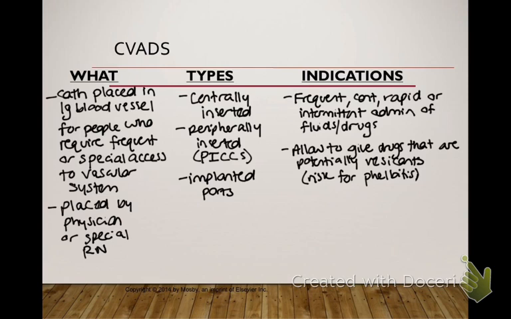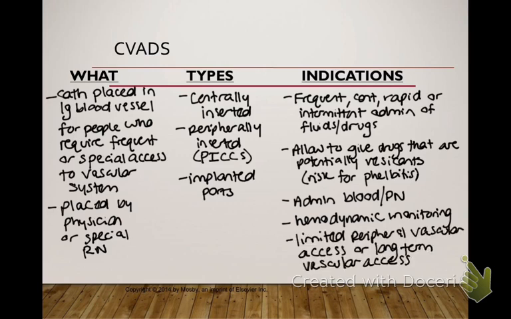Basically, they form blisters. So there are meds that you give in the IV that could leak out and cause blisters. We give them for blood and what we just talked about, PN. We can do hemodynamic monitoring with them. Or if a patient just has really poor peripheral vascular access and they need long-term access.